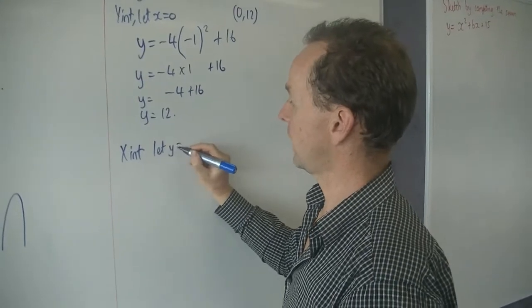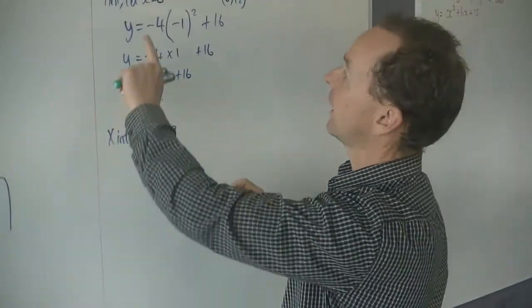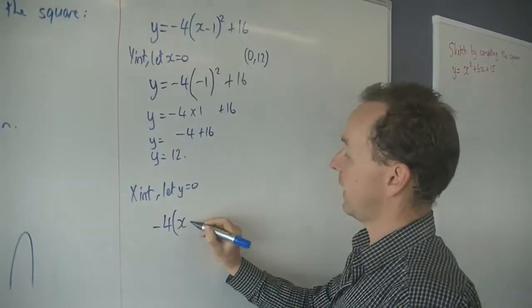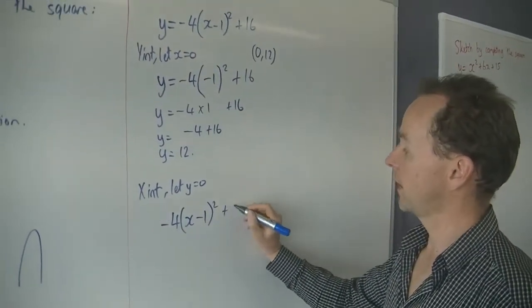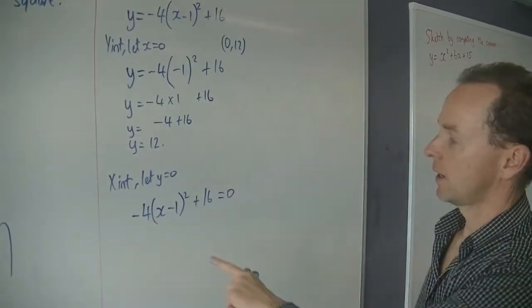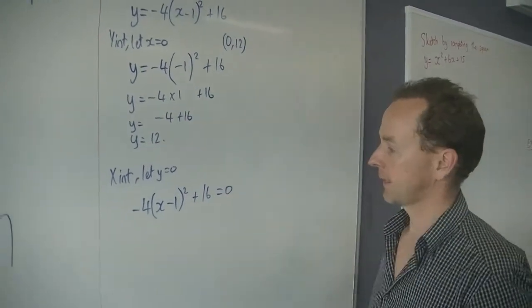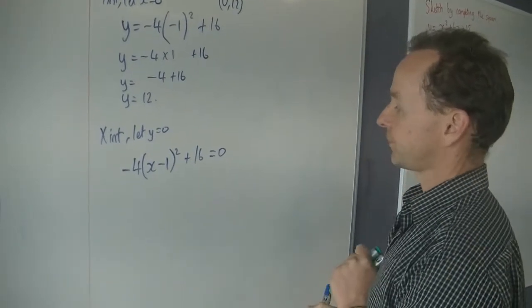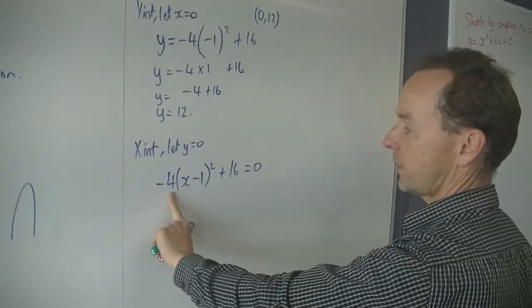Let y equal 0. Okay, here's my equation. So I've got negative 4 (x minus 1) squared plus 16 is equal to 0. I like having my 0 on the right hand side, it's just preference. There are different ways you can solve this.